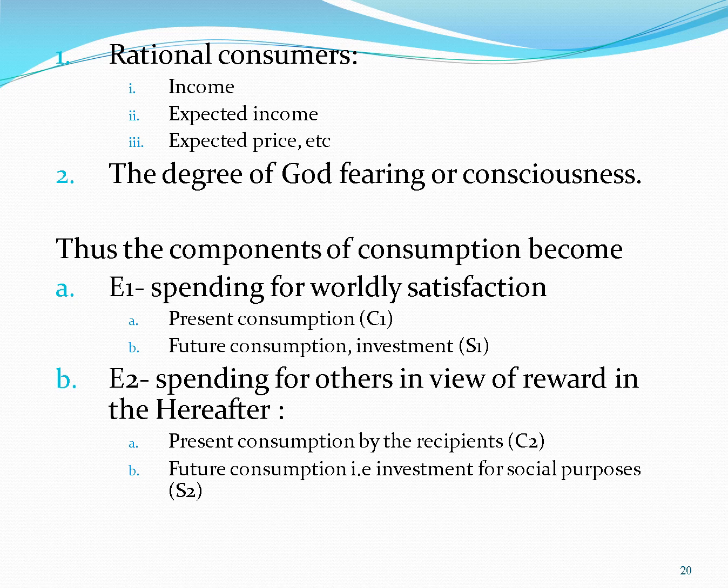Future consumption, when we say future consumption, it's an investment, and we say that it's S1. E2 is spending for others, this one for yours, this one for other people, with a view of reward in the hereafter. Present consumption by the recipient is C2. Future consumption is S2, but this one is for a social purpose.